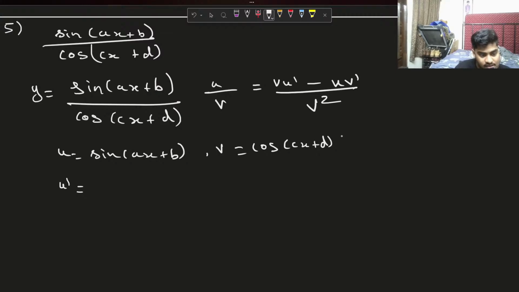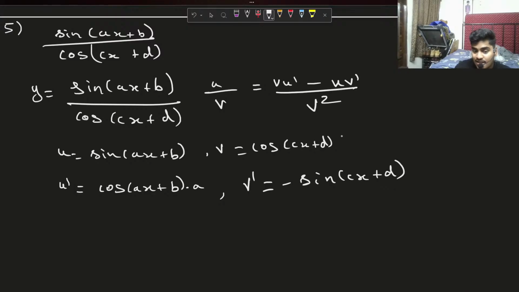u dash is cos of ax plus b into a. v dash is equal to minus sin of cx plus d into c. Why did a come? Because x is 1, so a remains the same, but a constant with something, you should keep it like that. x differentiates to 1, so constant into 1 is constant, but b is a constant without anything multiplied, so you should take it as 0.